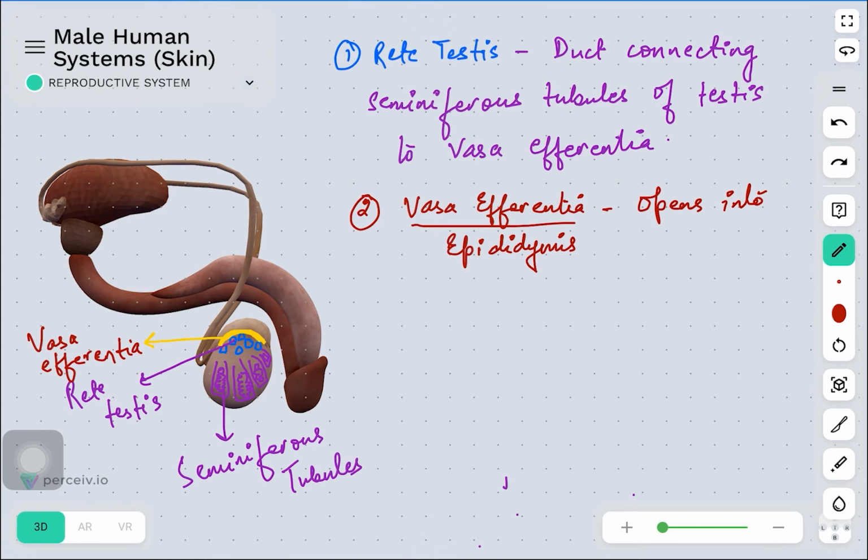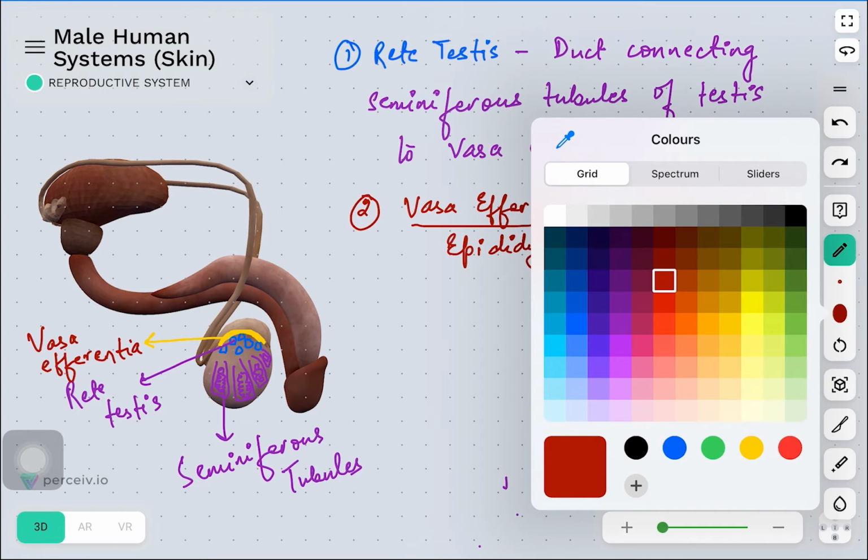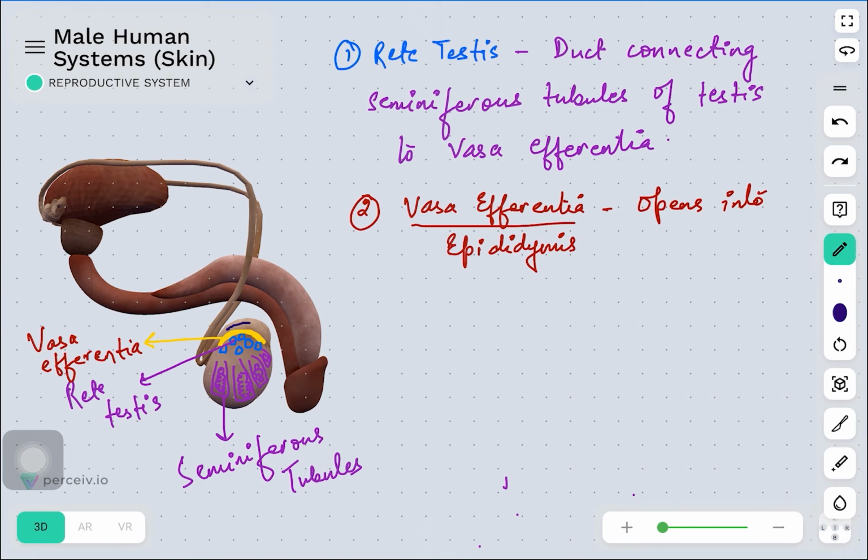And you can see that the epididymis is located on the posterior surface of each testis. You can see the location over here, this is the epididymis. So this epididymis is located on the posterior surface of each testis.